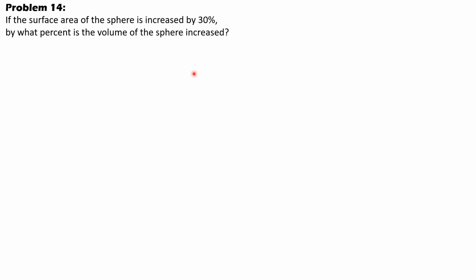So the new volume as to the original volume is the new surface area, 1.3 of the original, to the 3 halves. So equals the quantity 1.3 area original to the 3 halves over area original to the 3 halves. So cancel area original to the 3 halves and compute 1.3 to the 3 halves. So the new volume is 1.4822 of the original volume.